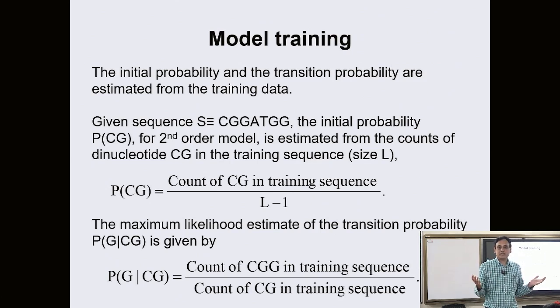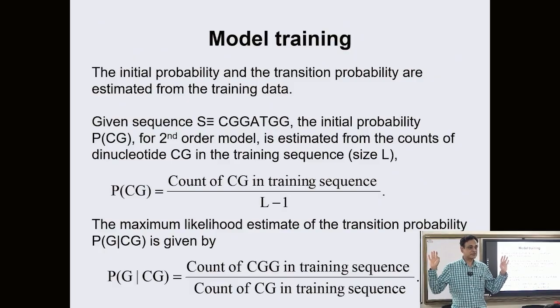For this example, we need a data set of validated genes, validated protein coding sequences, and another data set of validated non-coding sequences. So train a model on validated protein coding sequences, and train another Markov chain model on validated non-coding sequences, so 2 models.